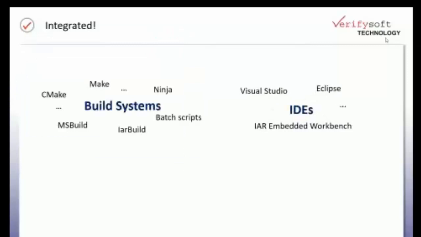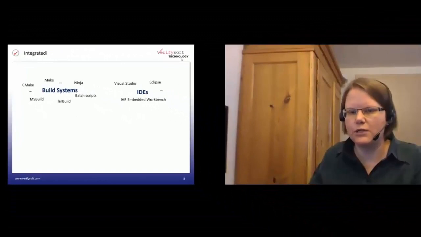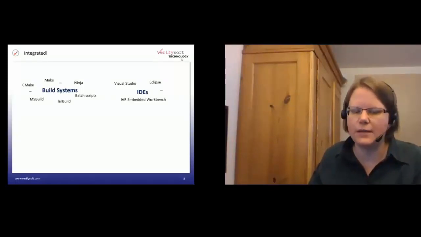Then, very close to the build systems, but also a little bit different, are the IDEs. Of course, they have a build system in the background. For Visual Studio for example, we have a graphical user interface, so you can trigger and choose all options for CTC++ directly in the IDE, and then you make an instrumented build, and of course the integration with MS Build in this example comes into play again.